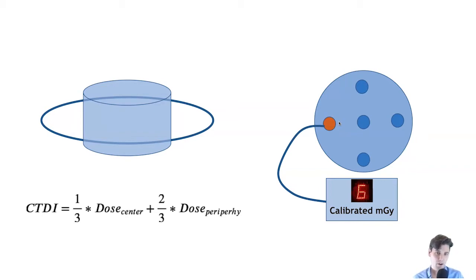And then we insert an ion chamber, and the ionization of the air inside that chamber is measured, and that's proportional to the radiation dose deposited in that chamber. So that's done for these different peripheral locations, and then one central location within that phantom.